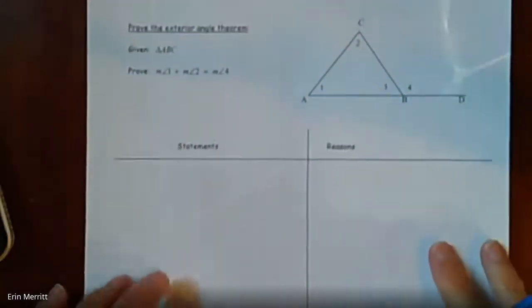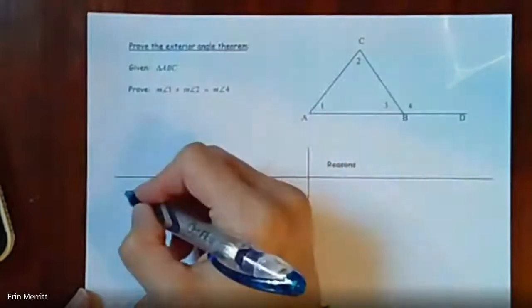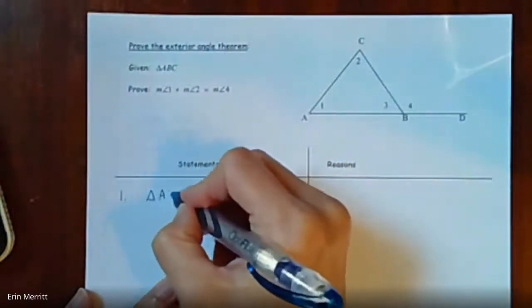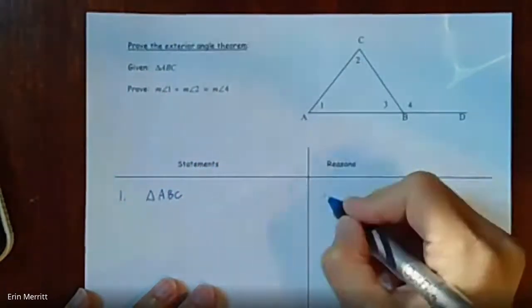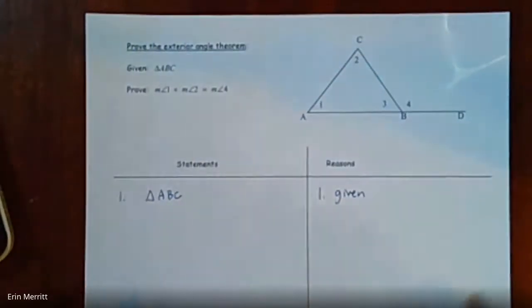All right. On the last page, it says prove the exterior angle theorem. All right. We are going to start this, and I'm thinking we will take some time in class to finish it. So to prove it, this one, I don't have to sneak in any extra givens for you. There's one given. That's the fact that we have triangle ABC here, and we can write over here that it is given to us.